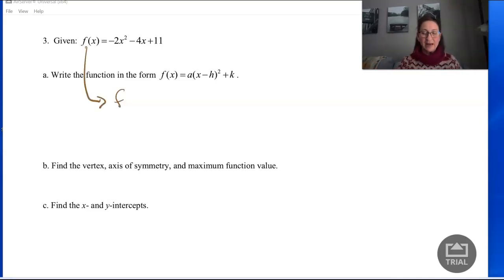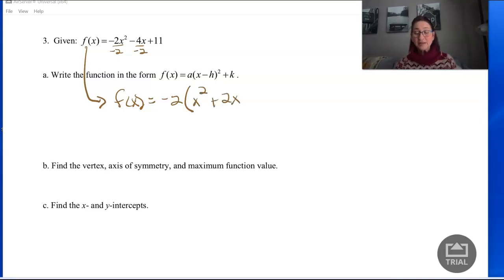So I've got f of x equals, pull out a -2. Think of it as the greatest common factor between those 2 variable terms. So if I divided both of those by -2, I'm left with a positive x squared plus 2x plus blank. And then I'm not doing anything with that 11, but I'm going to do a plus blank.